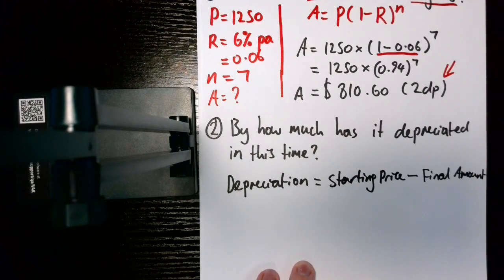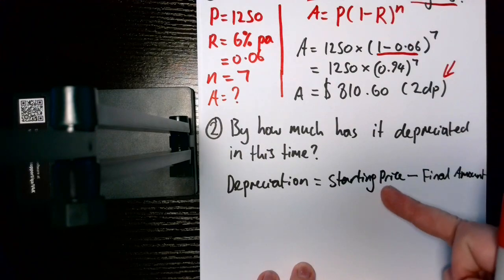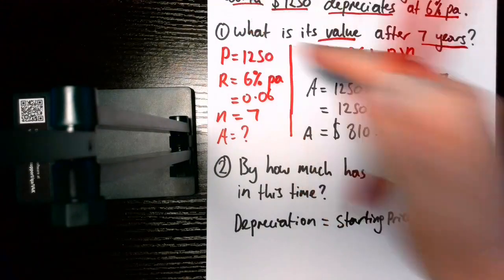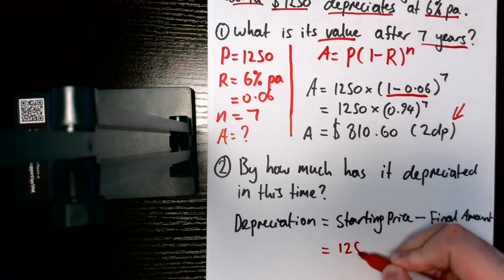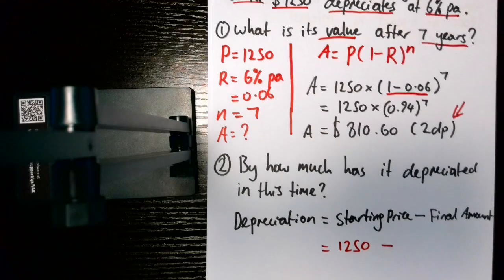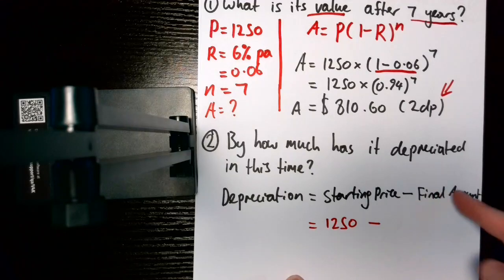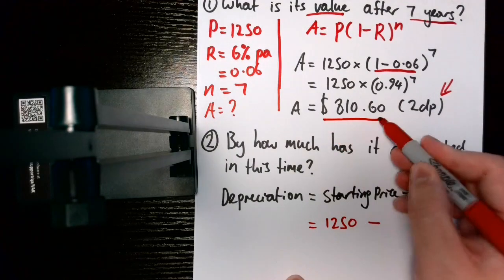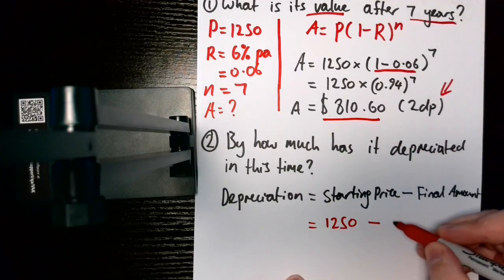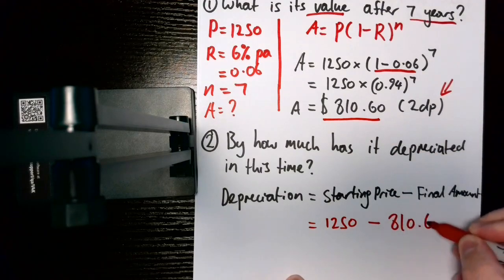Now, the starting price, remember from our question, is our principal, 1,250. So this is equal to 1,250 minusing off our final amount. And we just found our final amount after its 7 years. It's the $810.60.